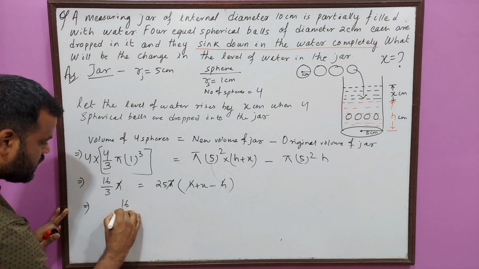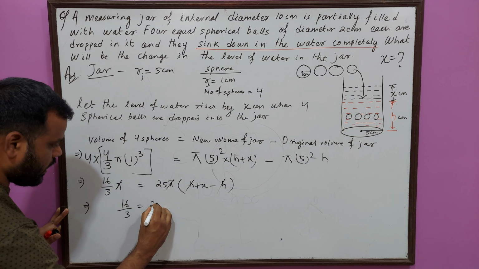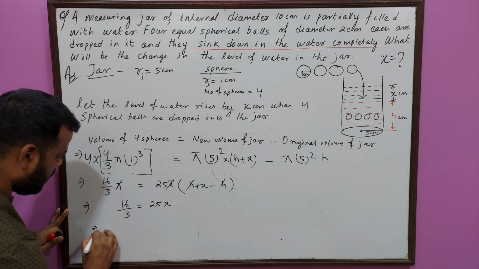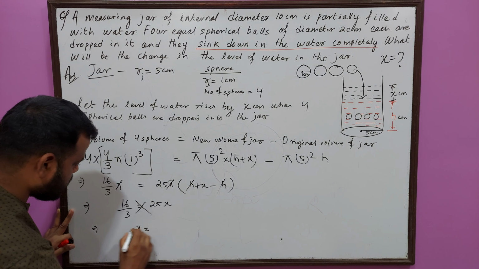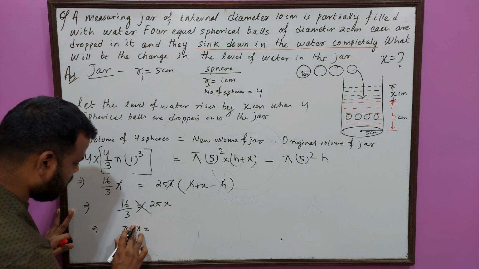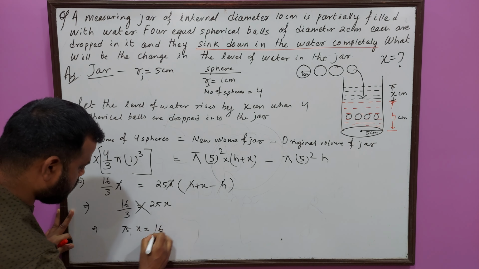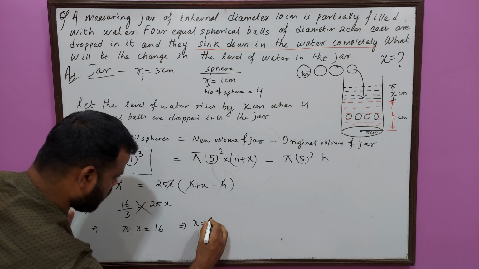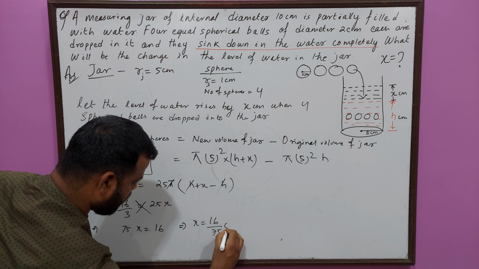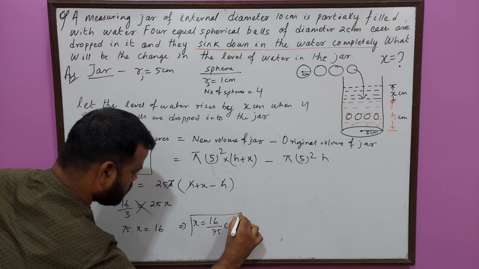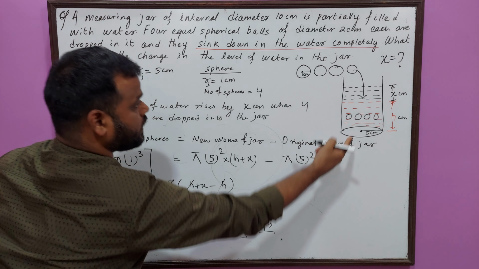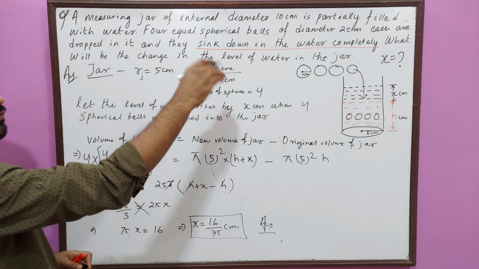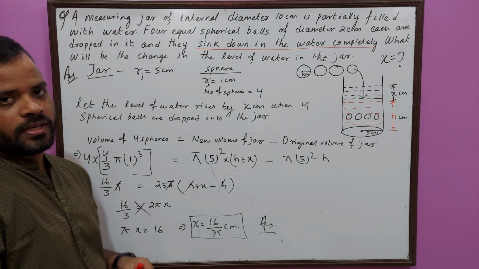So we have 16 by 3 is equal to 25x, which implies 75x is equal to 16, or x is equal to 16 by 75 centimeter. So this is the change in the height of the level of water when four spheres are dropped into it. Thank you.